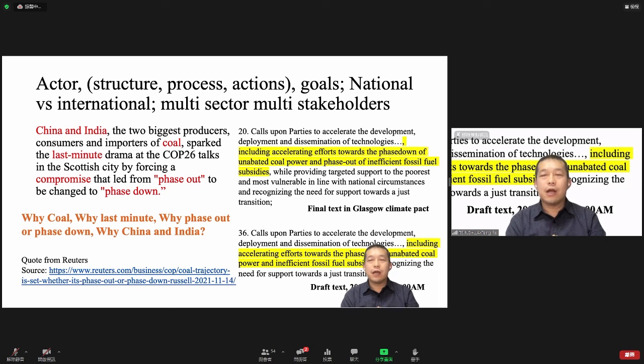And so the current governance system for climate change is, in short, a national and international, multi-sector, multi-stakeholder, multi-level governance system. It is complex, but we have the analytical structure at this moment that can help us to analyze this.